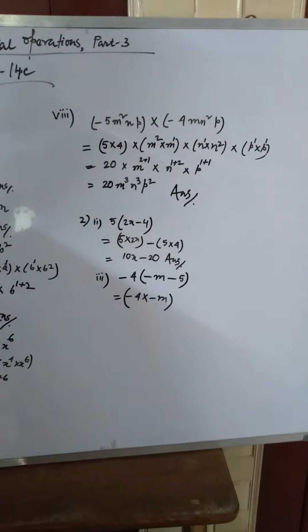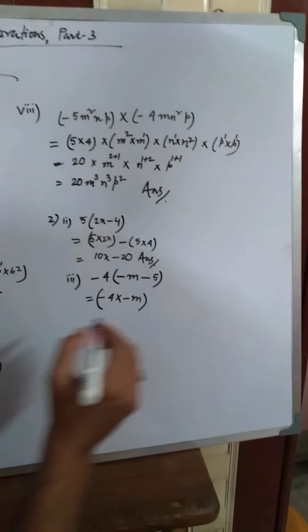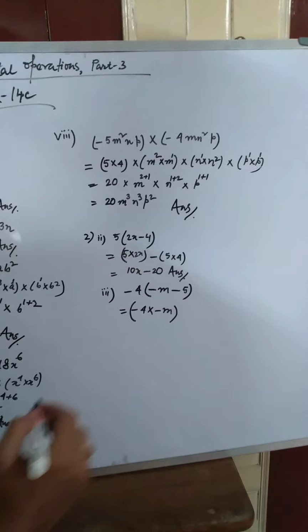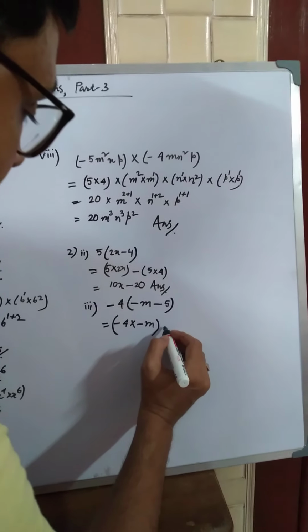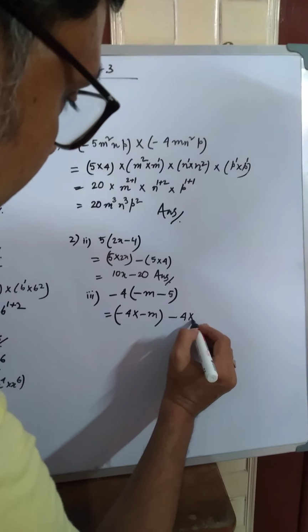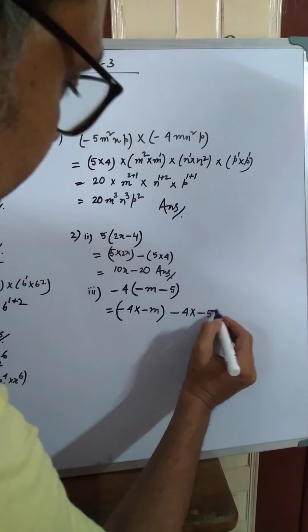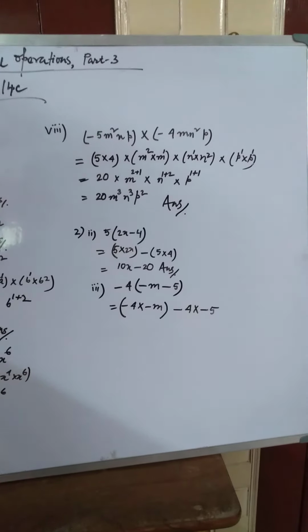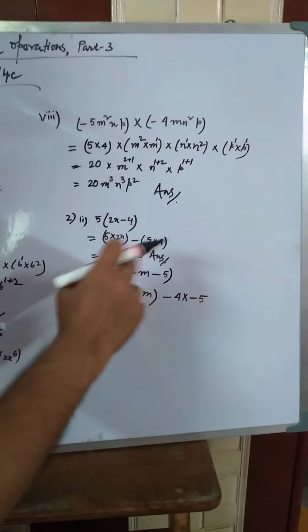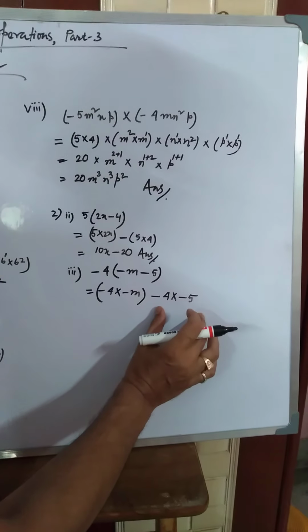That should be easy for you to understand. Okay. Now you have to multiply minus 4 with minus 5. So minus 4 multiplied with minus 5. Okay. Now I am not giving here the bracket. But if you want to give here the bracket, this is the correct one.